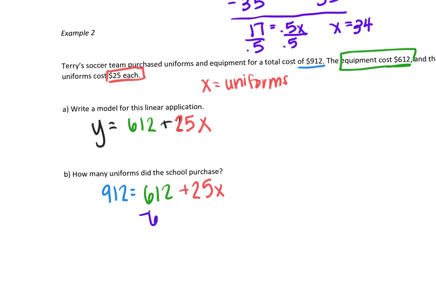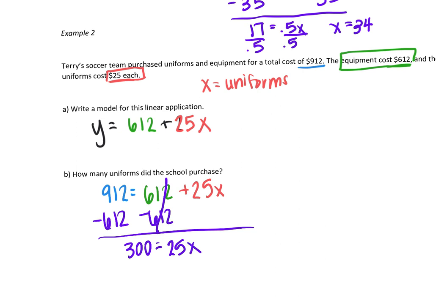So I'll subtract 612 from both sides, and I get 300 is equal to 25x. And when I divide that by 25 on both sides, I get x is equal to 12. So the school purchased 12 uniforms plus the equipment with that $912.